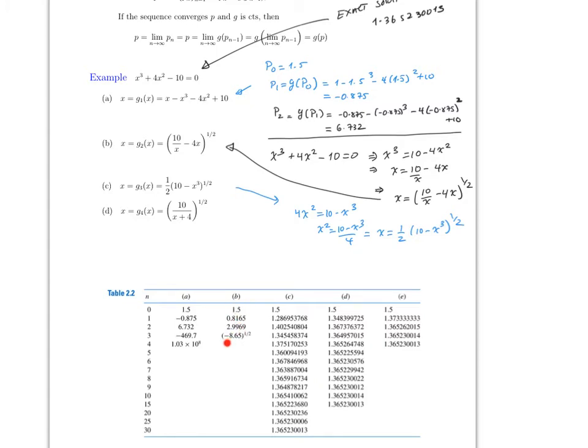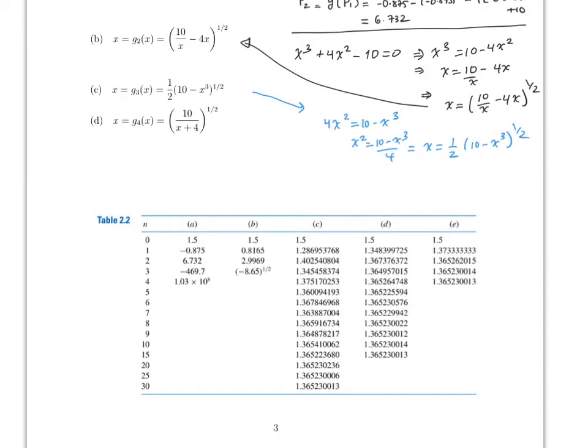You end up with a square root of a negative value, which is a no. Part C is better, and you can see part D is definitely better. The best one is part E, which I didn't write here, but it's in the book if you want to see it. So the point is, the choice you have for the iteration is going to make a big difference.